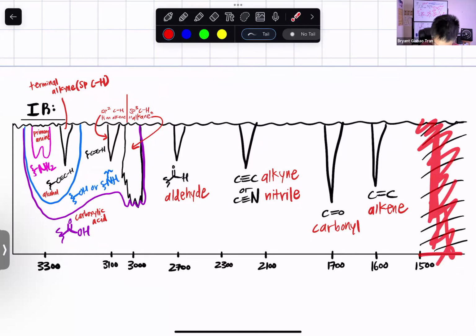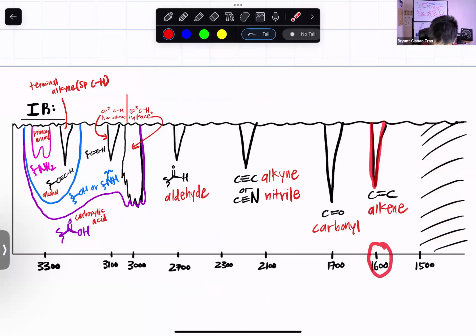That's the region you can ignore. If you see a sharp peak at 1600, that's the alkene functional group. If you see a sharp peak at 1700, that's a carbonyl or a carbon double bond oxygen peak. If you see a sharp peak around 2100 to 2300, that's the triple bond region, which could either be the alkyne or nitrile.